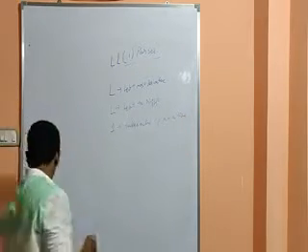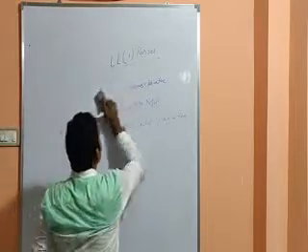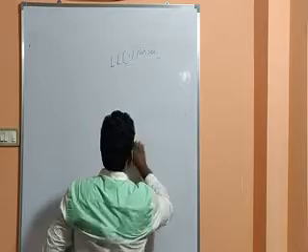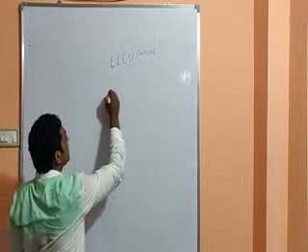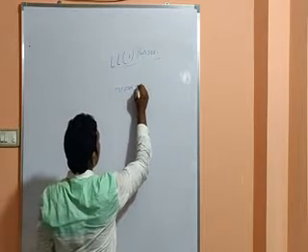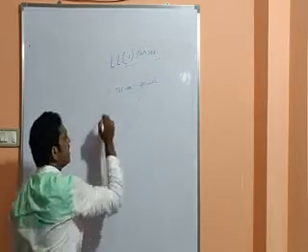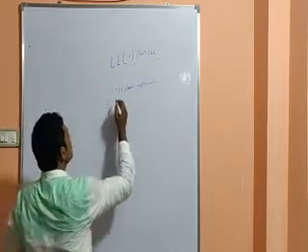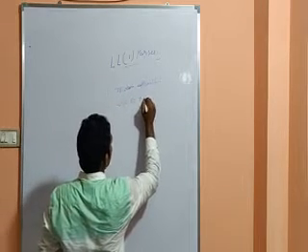Now let us see what the LL1 parser does. The LL1 parser comes under the concept of the top-down approach. In this concept, the operation happens from the left-hand side to the right-hand side.